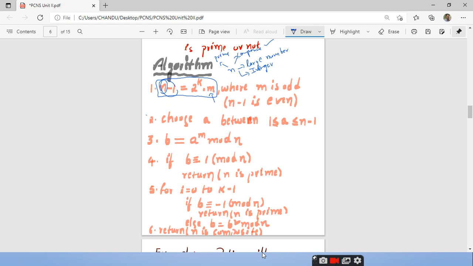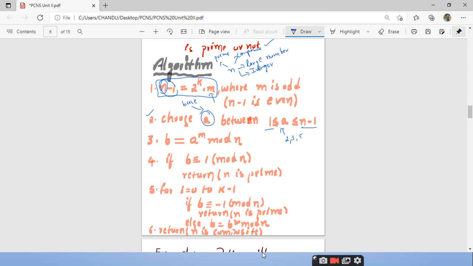After this, we have to choose a value a, which we call the base. We have to choose a base between 1 and n minus 1. Any value you can choose, but it is better to start with a smaller base. We start with 2. You can also take 3, or 5, anything. Is it clear up to these first two steps?